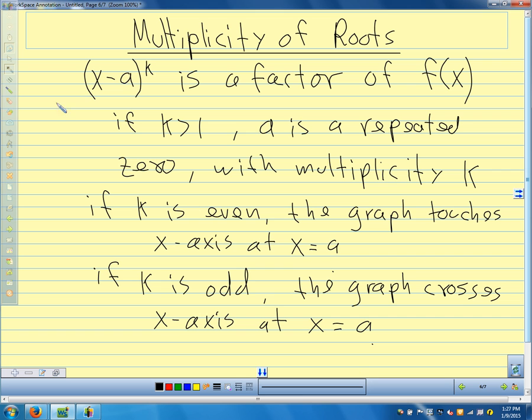So when we factor our polynomial, when we solve our polynomial, when we get our zeros, we have a parentheses raised to an exponent. That exponent is odd, the graph crosses the x-axis at that intercept. If the exponent is even, the graph touches the x-axis at that intercept. We can think of it as being like y equals x squared and y equals x cubed. X cubed, we cross the x-axis. X squared, we touch the x-axis. Same kind of idea.